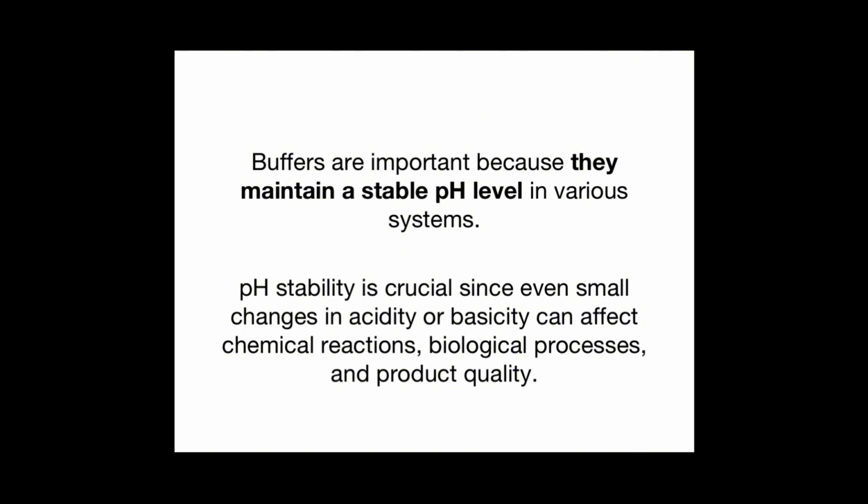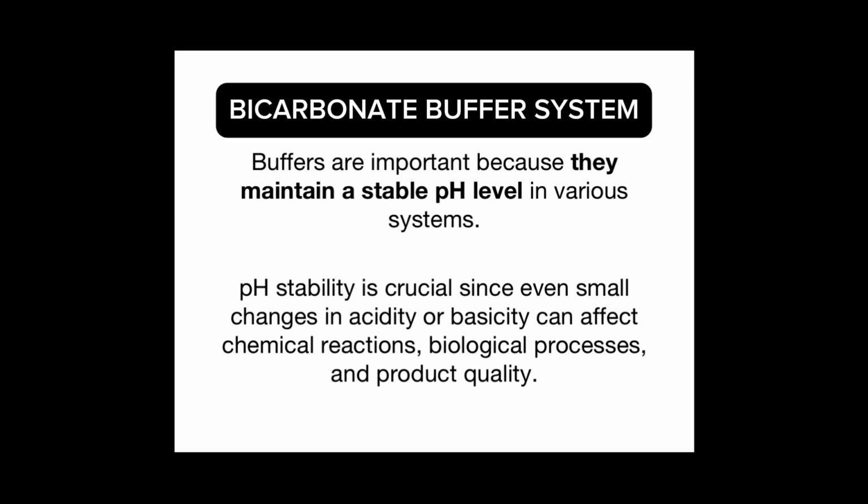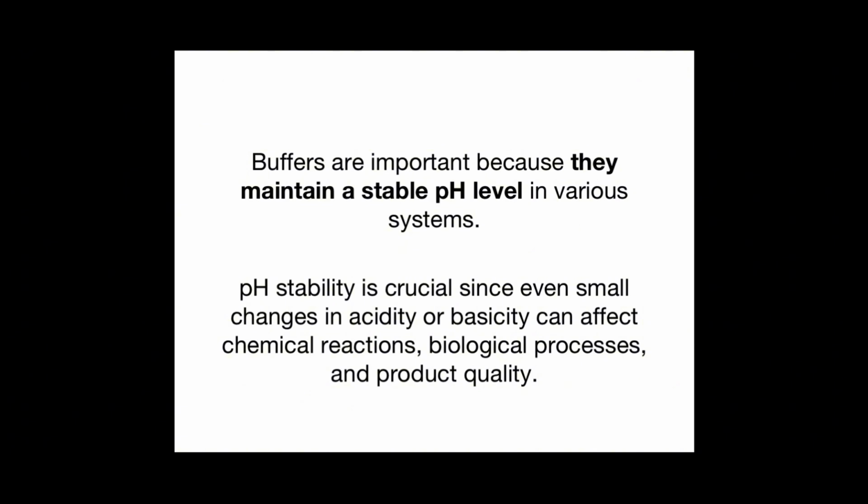And that is why our body has natural buffers. Ay tawag ana, these are called the bicarbonate buffer system in the blood. If our blood gets too acidic, the bicarbonate absorbs the excess acid. And if it gets too basic, it releases acid to balance it again.